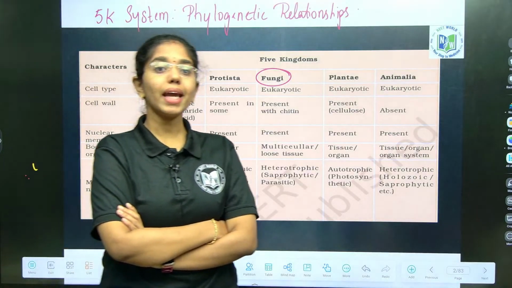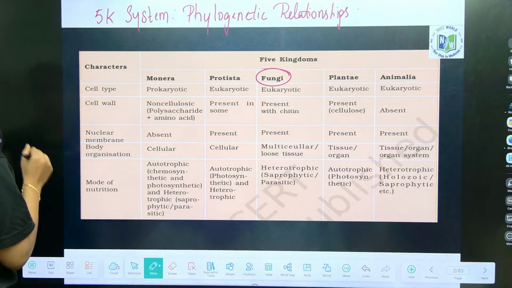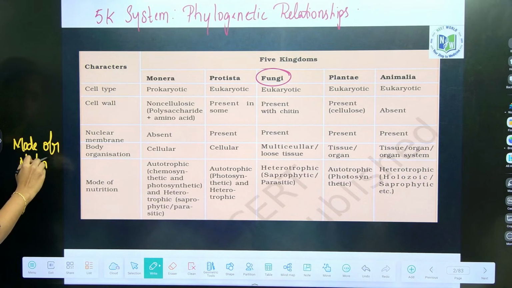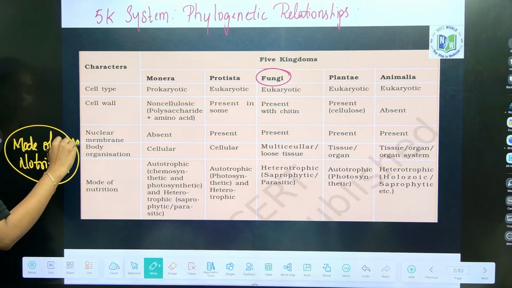Cell wall. Main criteria for the 5 kingdom system of classification is mode of nutrition. Mode of nutrition is the main criteria.